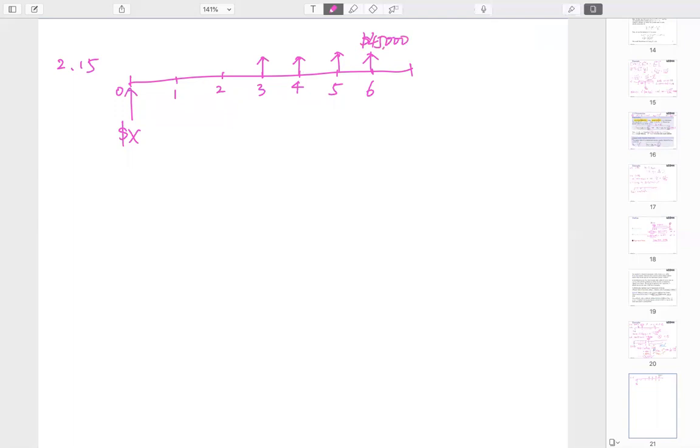The annual effective interest rate is 9%. So please be careful when you read the question. Sometimes it's effective interest rate, sometimes it's effective rate of discount. So it's either i or d, or maybe sometimes they will give you delta. So be careful of the question.